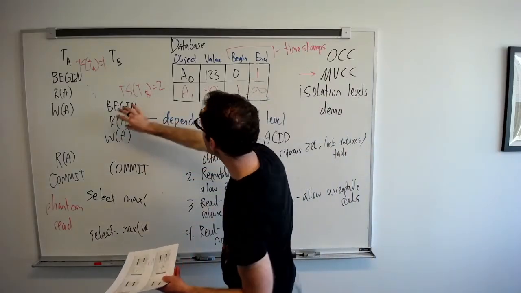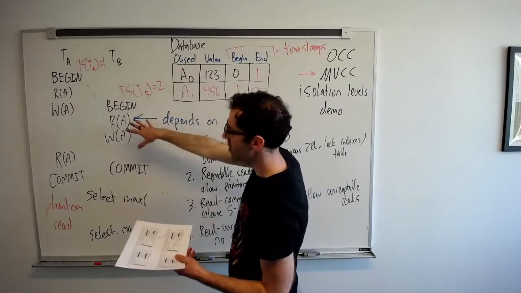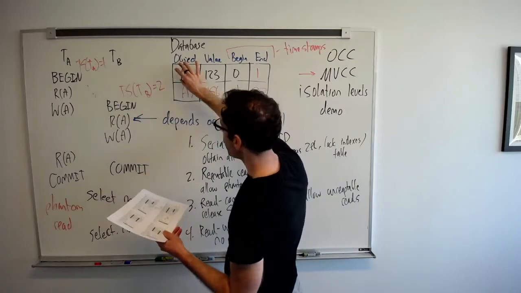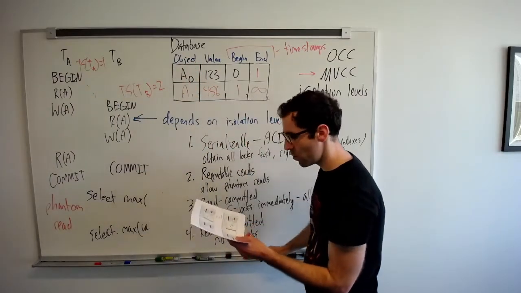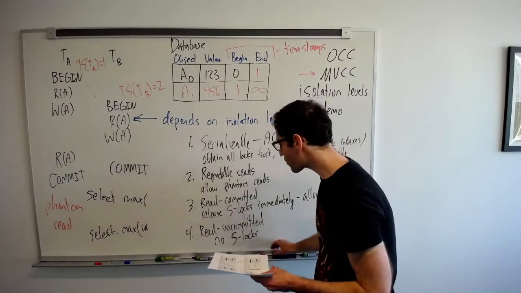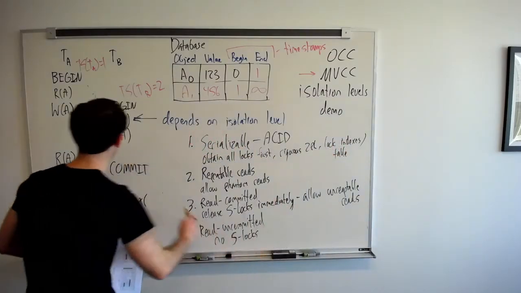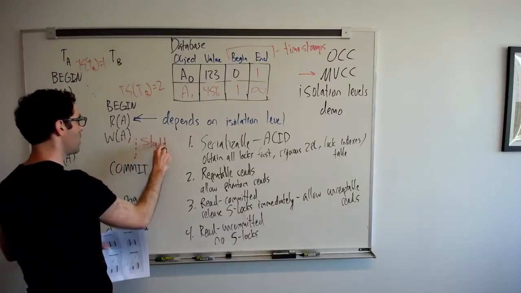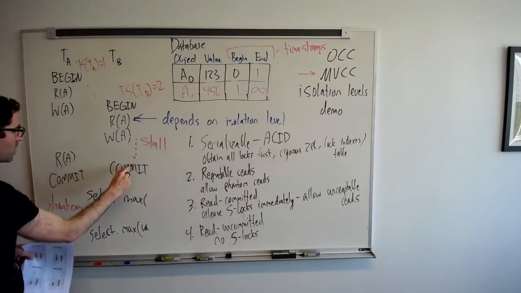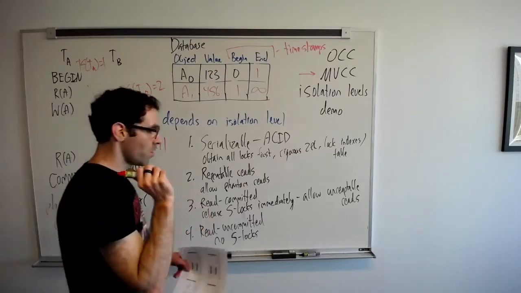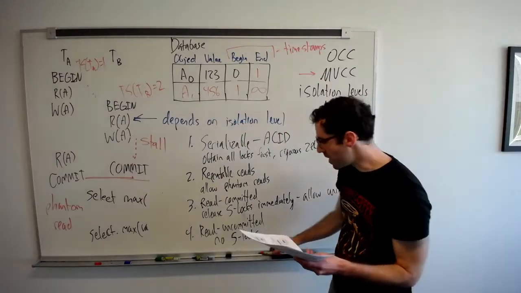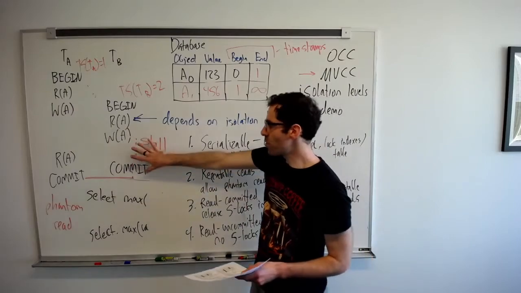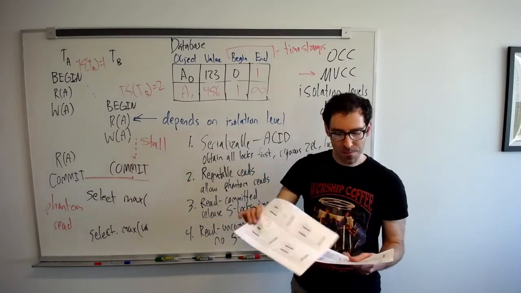So in this case, we don't read A1 because it's not committed yet, and so we'll read A0, and then when we write, what will have to happen is we won't be able to write A until our transaction A has committed. This would be enforced with a lock of some kind.